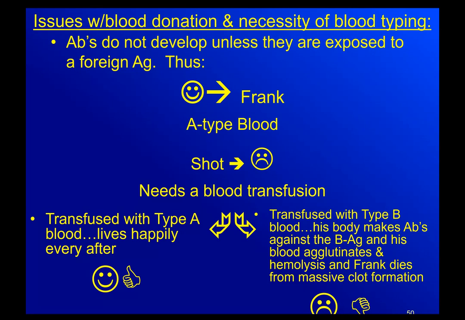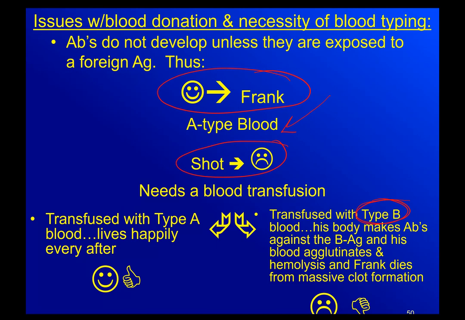But let's say that we have Frank, okay? Frank is type A blood and he gets shot. Bummer, Frank. So sad. And he needs a blood transfusion, okay? If he gets type B blood, his body is going to make antibodies to it.